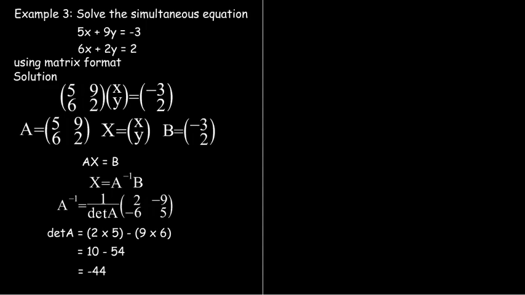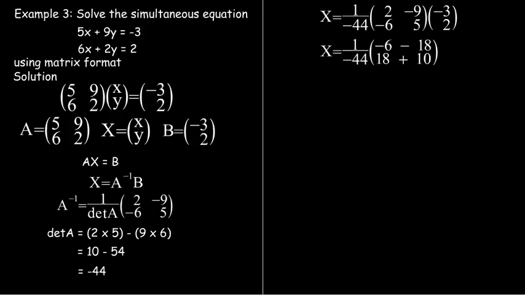Now substituting and getting the value of X will be equal to 1 divided by minus 44, matrix [2 -9; -6 5], matrix [-3 2]. And multiplying the matrix, X will be equal to 1 divided by minus 44, matrix [-6 - 18; 18 + 10].